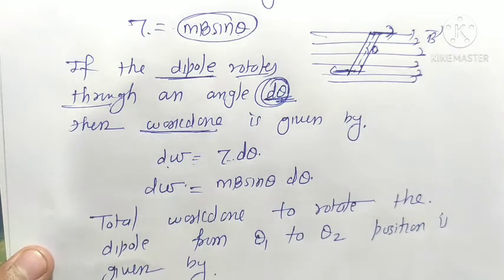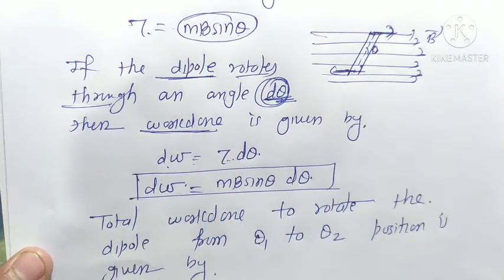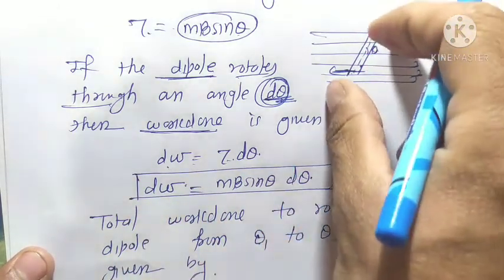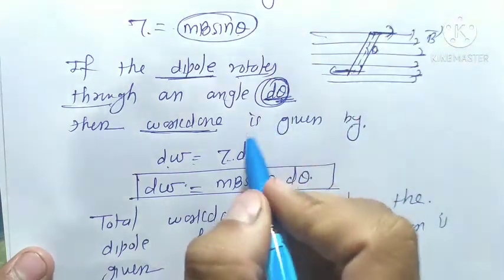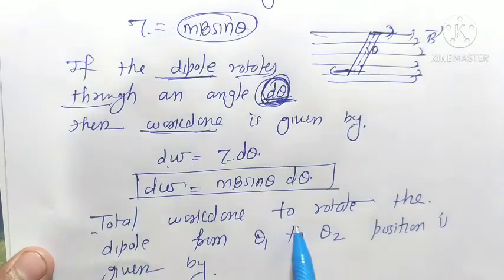We already have dW, a very small amount of work done when this bar magnet is displaced by a very small angle d theta. Then to find the total work done, we integrate it.